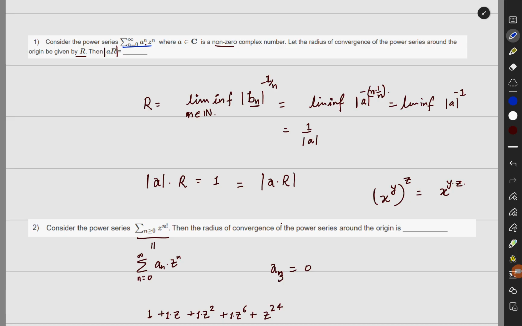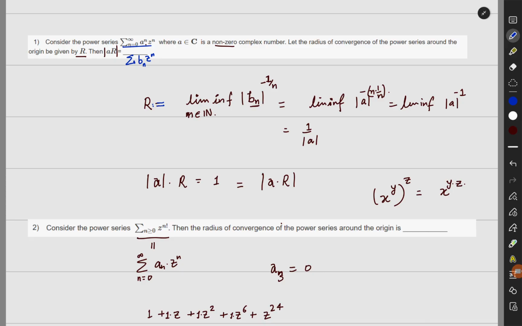By definition, it is the limit of modulus of bn to the power minus 1 by n, where I'm writing bn z to the power n. So the coefficients are bn's. We want to calculate the limit of modulus of the coefficients and their powers.